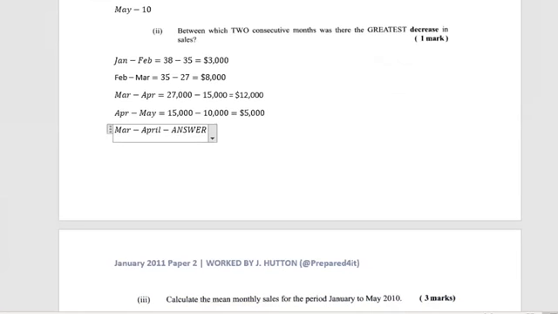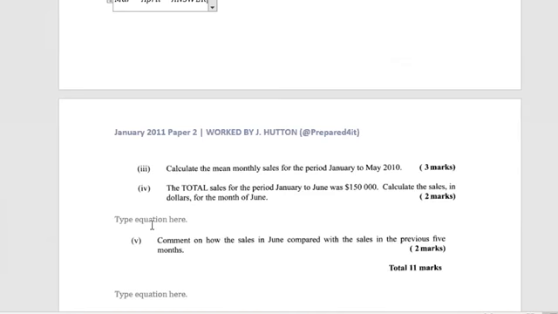So part 3 now says calculate the mean monthly sales for the period January to May. So what we know for mean or average, it is equal to, we add up everything and divide by the amount. Exactly.